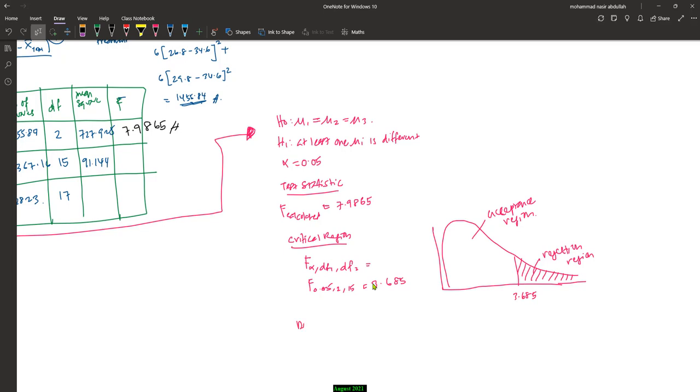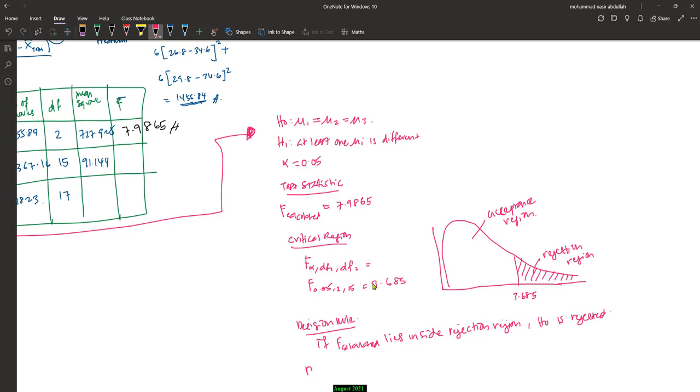So our decision rule: if F calculated lies inside the rejection region, right? Then the null hypothesis is rejected. So it is easy to remember like this.